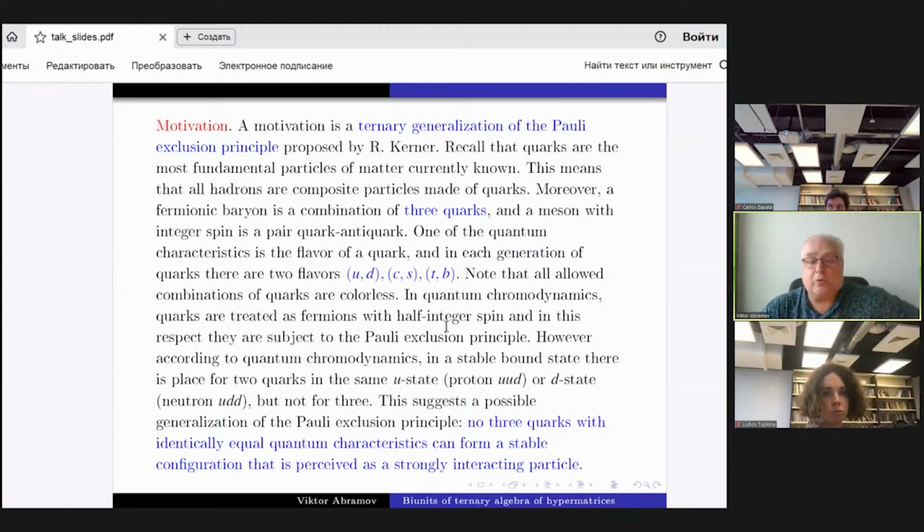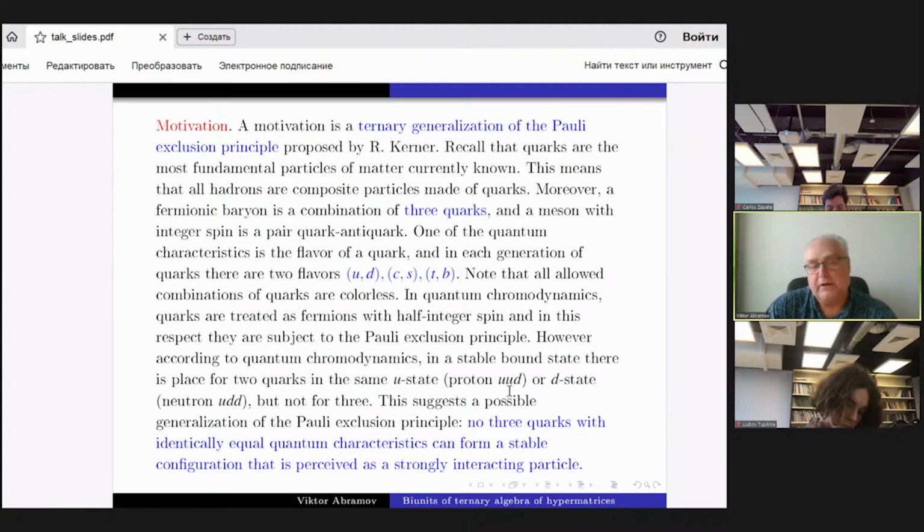And in quantum chromodynamics, quarks are treated as fermions with half-integer spin. And in this sense, they obey the classical Pauli exclusion principle. But according to quantum chromodynamics, in a stable bound state, there is place for 2 quarks in the same U state.